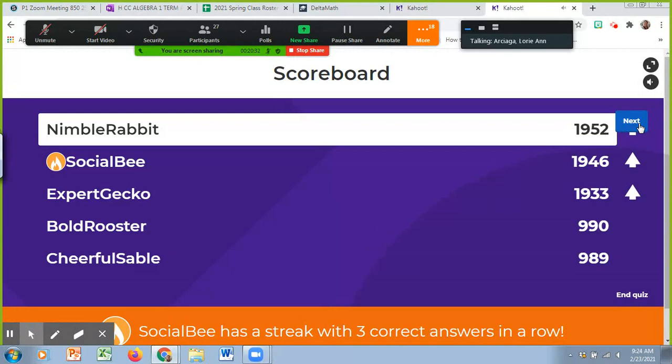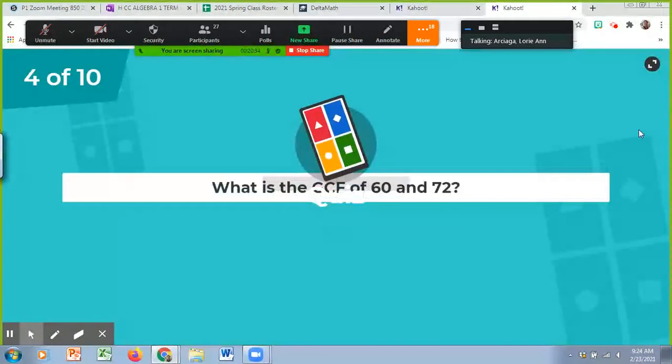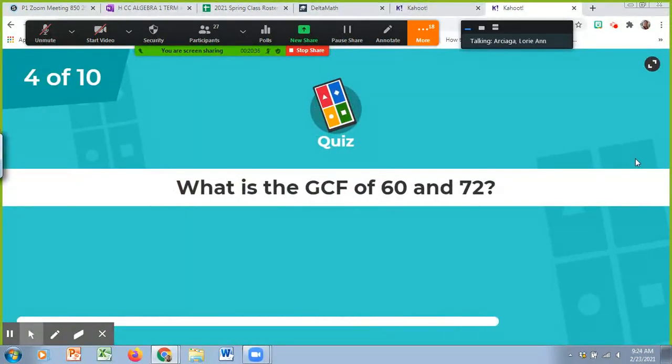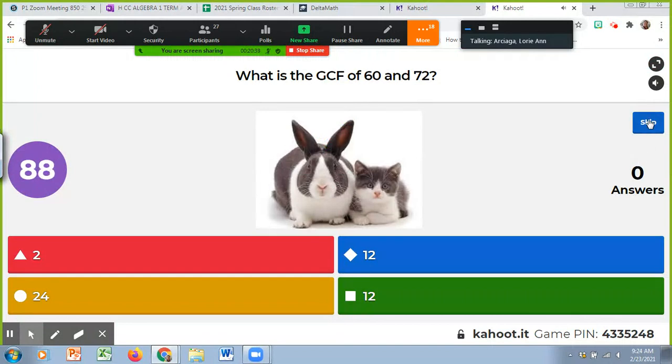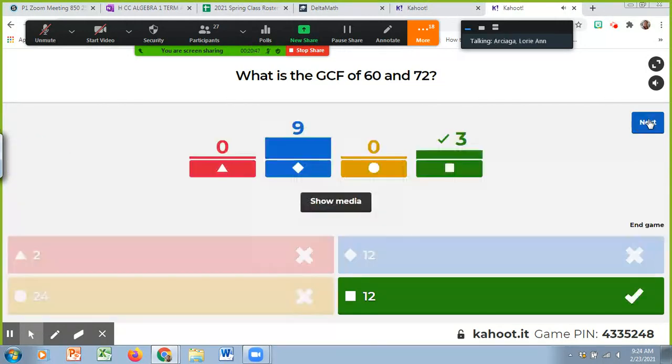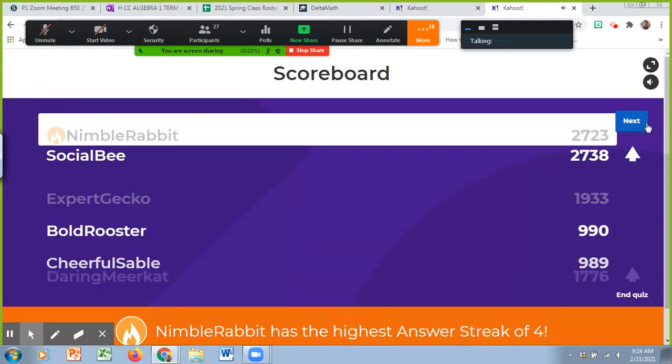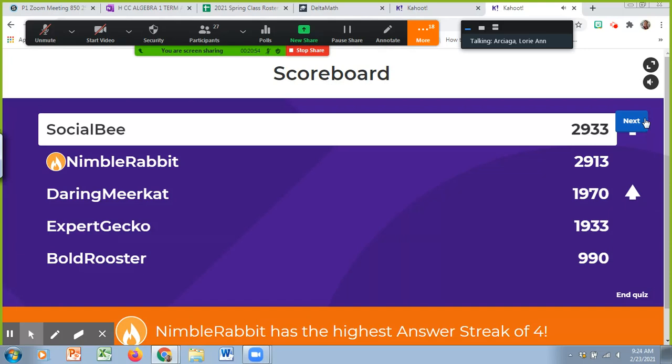Ooh, Nimble Rabbit. Let's go. 60 and 72. 7, 6, 5, 4. All right, skip and let's see. Oh, all right.